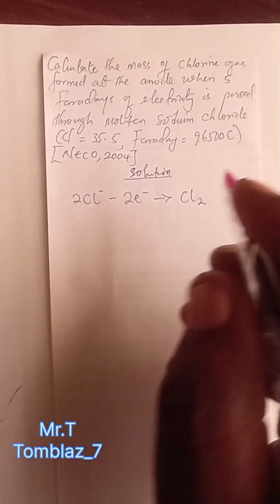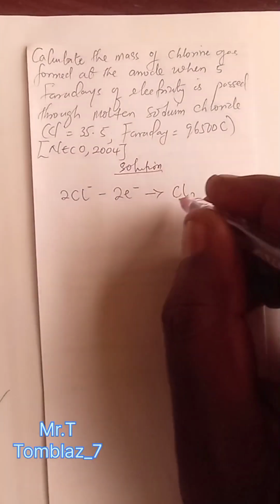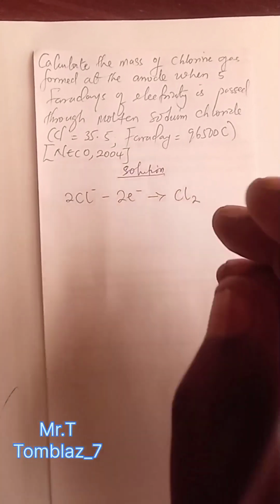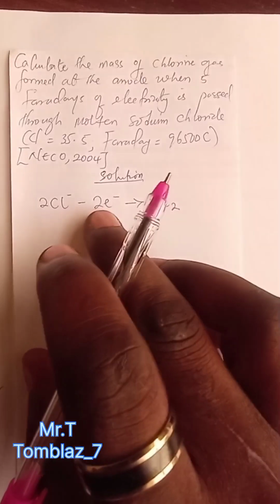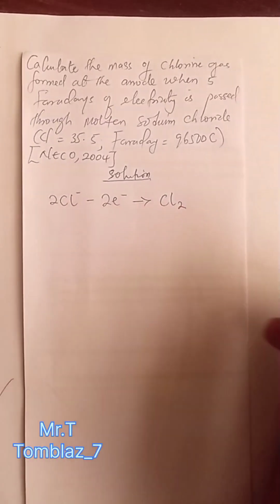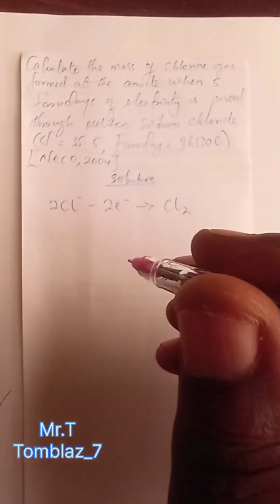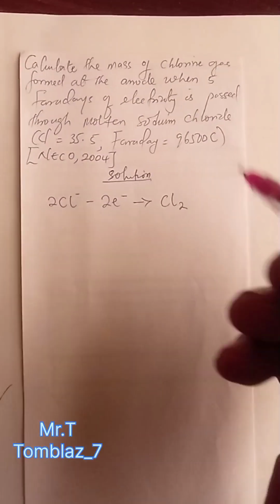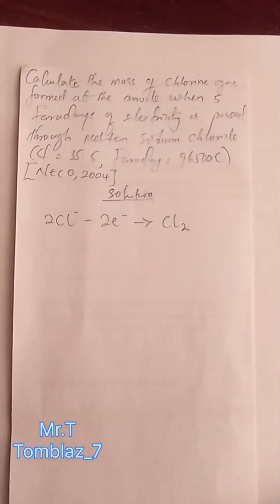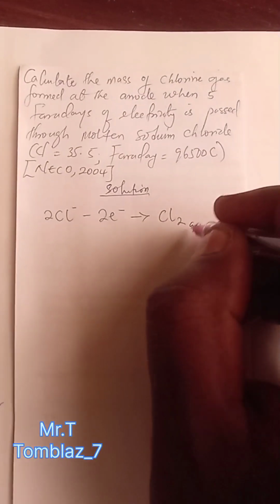Chlorine gas is always diatomic, so since chlorine is 2, we have 2 chloride ions here, and 2 electrons will balance the equation based on what we are having.